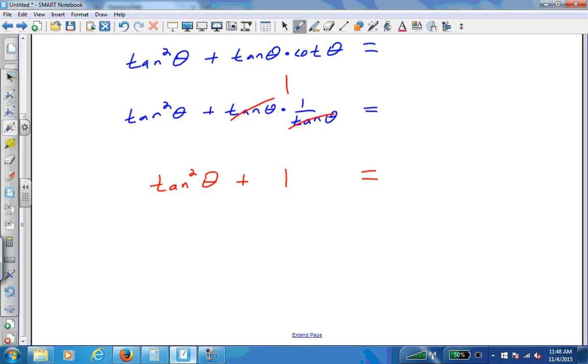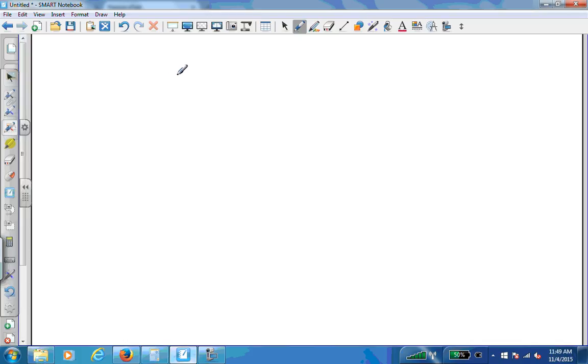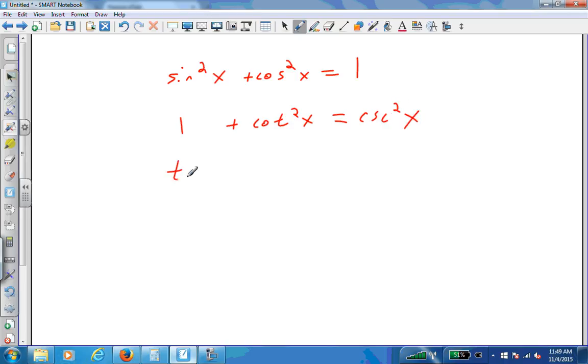Anytime we see something squared and a 1, we need to keep in mind our Pythagorean identities, which are sine squared plus cosine squared equals 1, 1 plus cotangent squared equals cosecant squared, or tangent squared plus 1 equals secant squared.